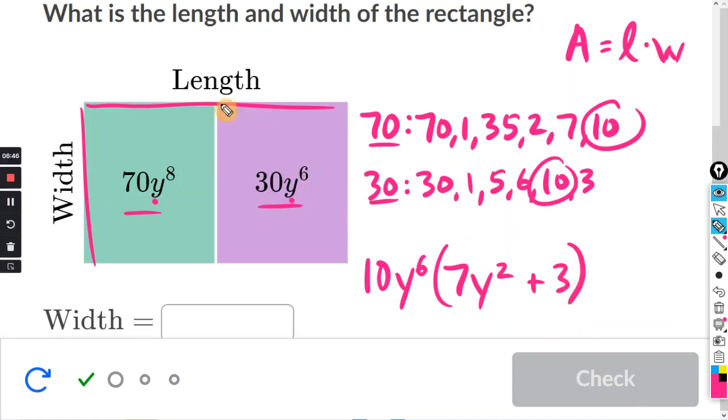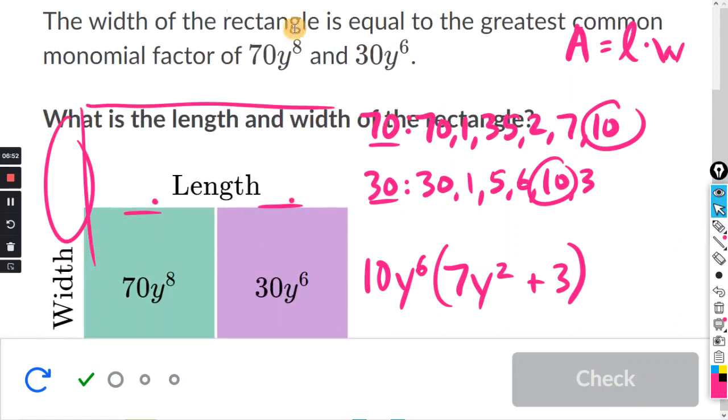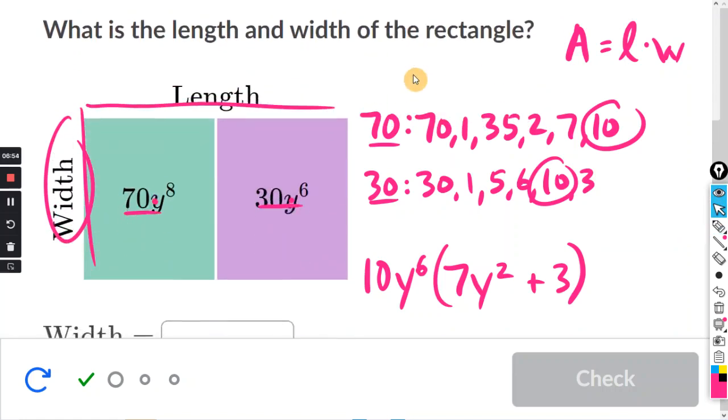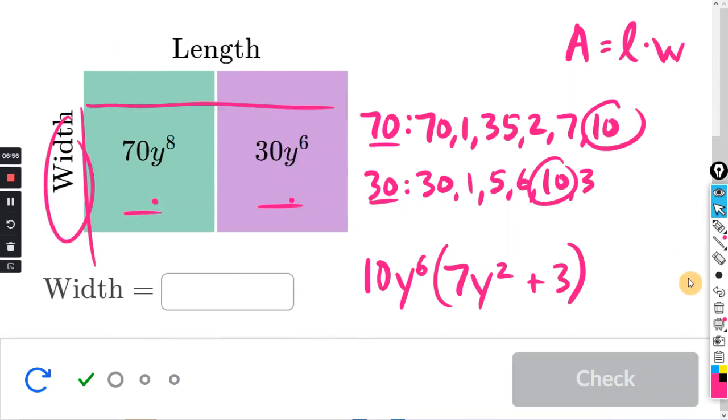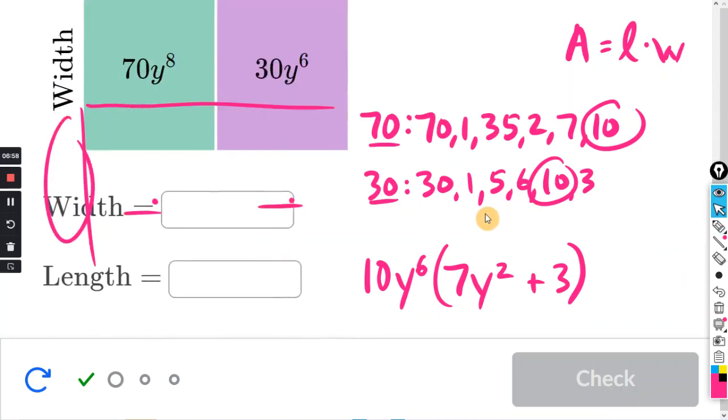So that's it. They said the width was the greatest common monomial factor. Okay, so the width, let me see here. The width is going to be this term right here, and the length is going to be this term.